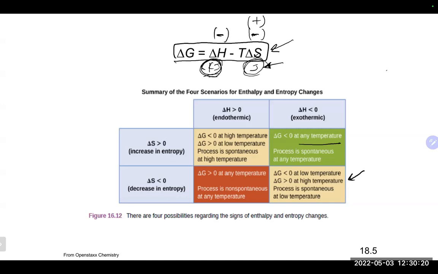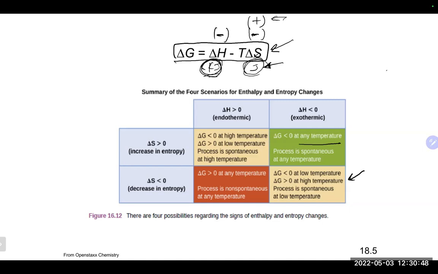That means at low temperatures we will get a delta G that is negative, because again, this term will not be big enough to overtake it. At really high temperatures, that will be enough for it to overtake and become a positive number, but at low temperatures it will not.